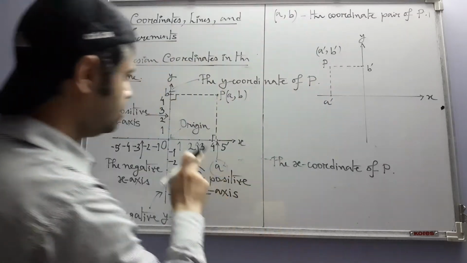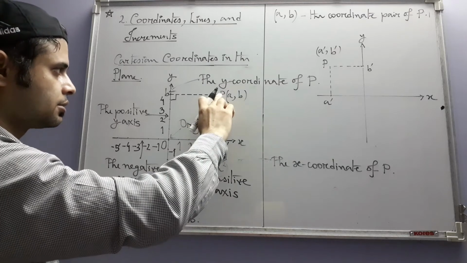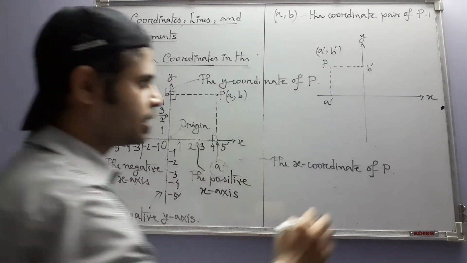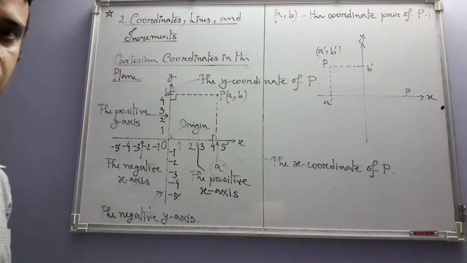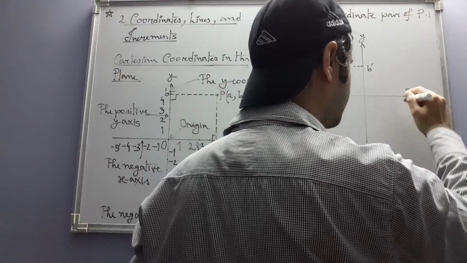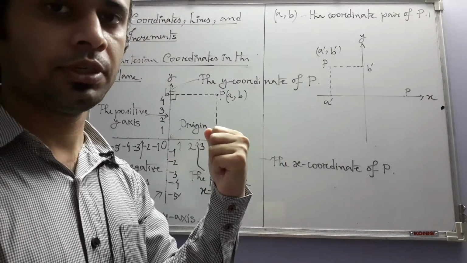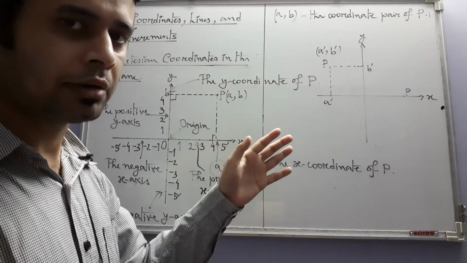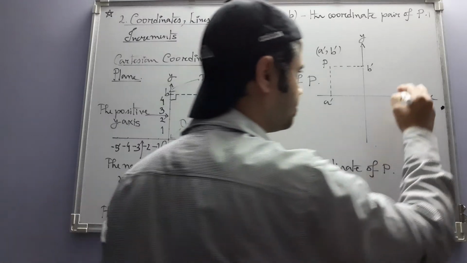Now you see that these two situations that we have considered, in these two situations it may happen that the point lies on the x-axis, that is, we may have P here. If P lies here, then the foot of the perpendicular you will draw from P on the x-axis is P itself, because that perpendicular will have 0 length. It is not actually a perpendicular in the geometric sense, but you can try to understand what I am trying to say.